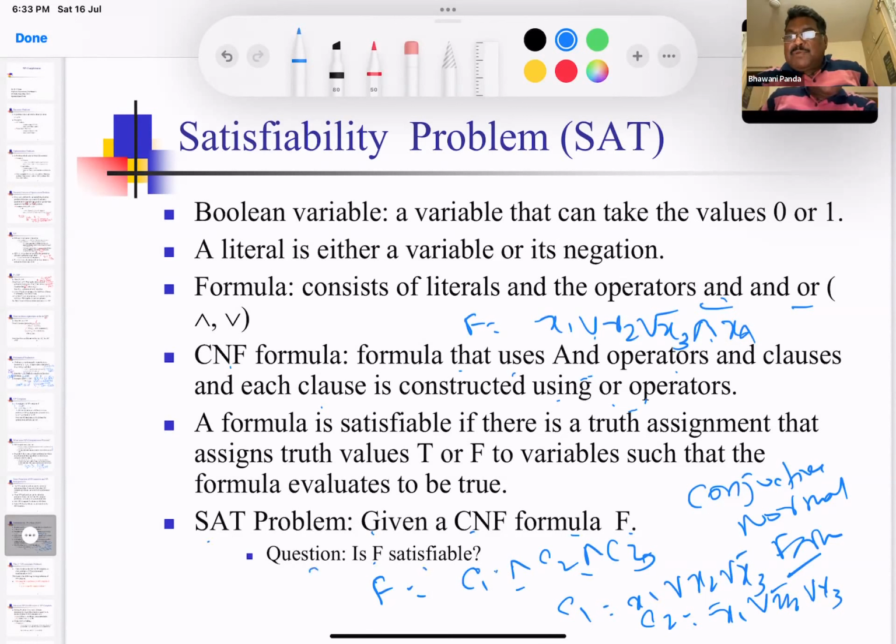Satisfiable means a formula is satisfiable if there is a truth assignment that assigns truth value T or F to the variables such that the formula evaluates to true.